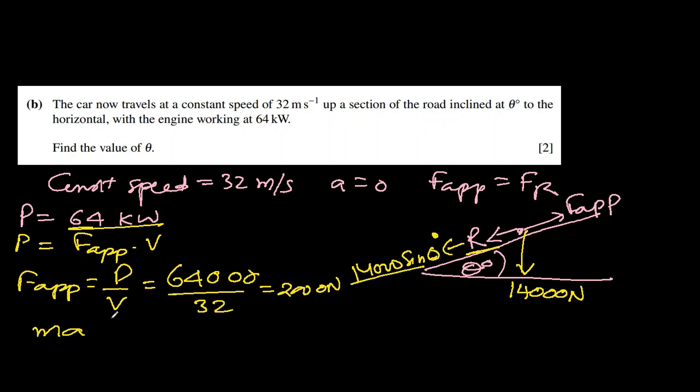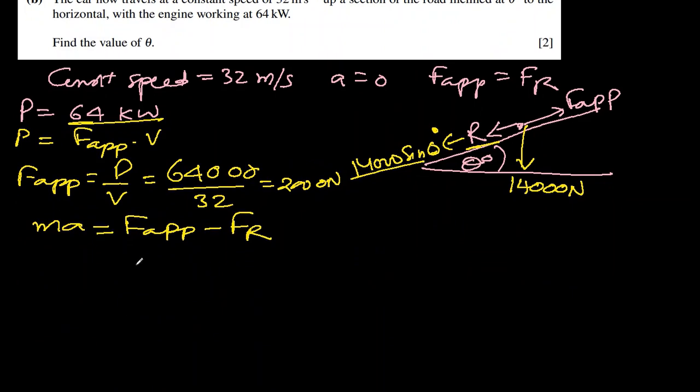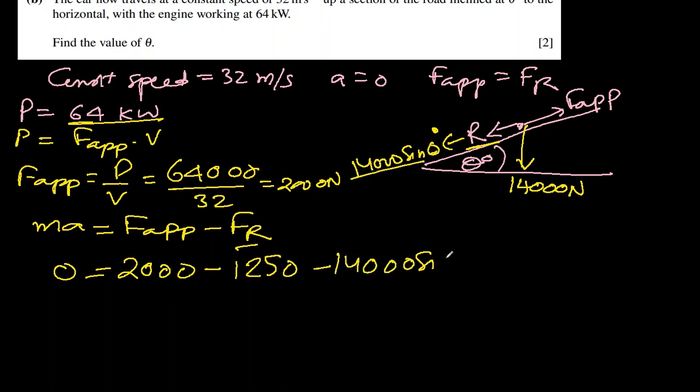So we'll use our usual relationship, MA equals F applied minus resistive force. Applied we got 2000. Acceleration is 0, so MA will become 0 minus the resistive force FR. We know 1250, and now we will get this one also, 14,000 sine theta, as another resistive force.